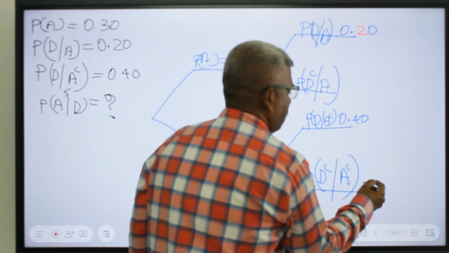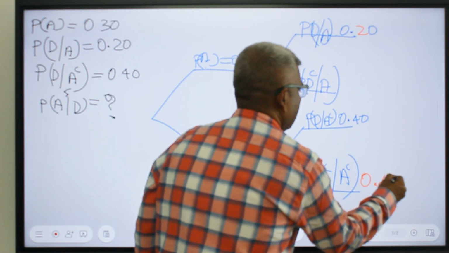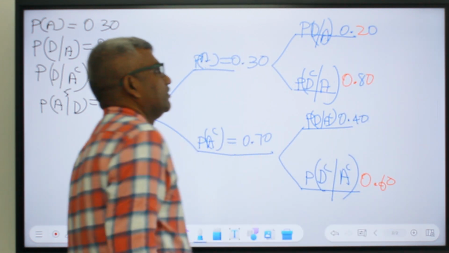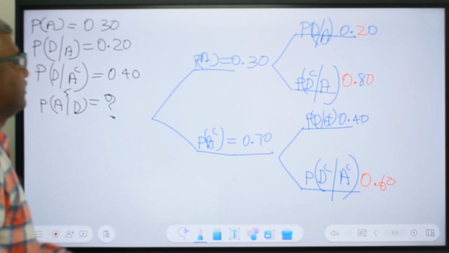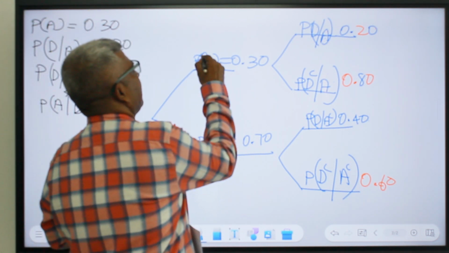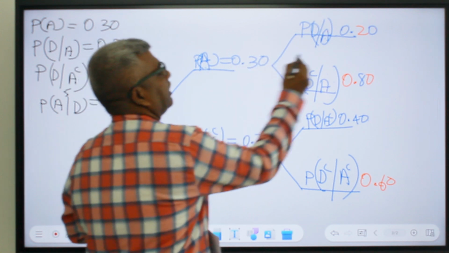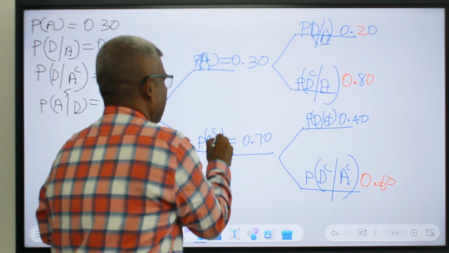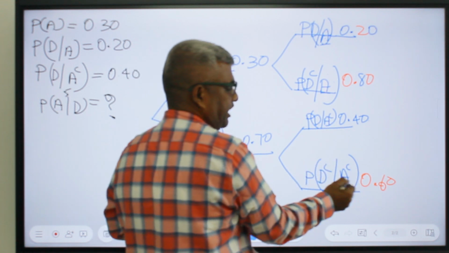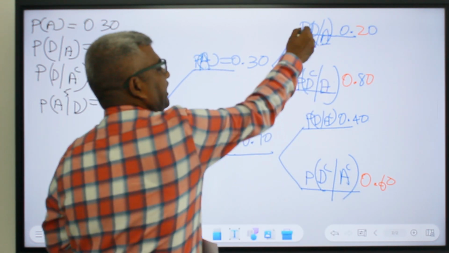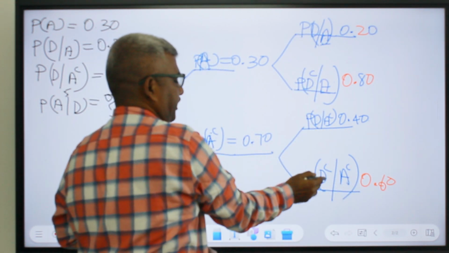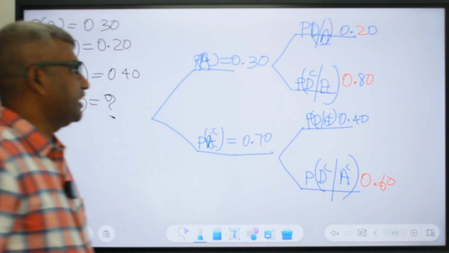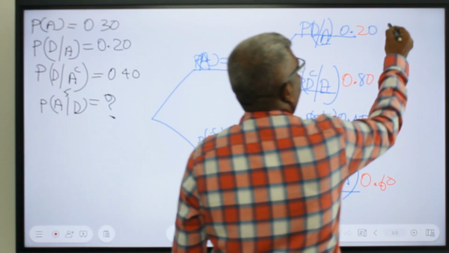This value 0.60. This value 0.80. Got it? Here probability of A, here A complement. A complement means here given is A complement, D complement, D complement, A complement. Okay, understand?